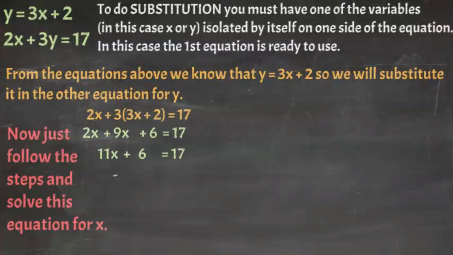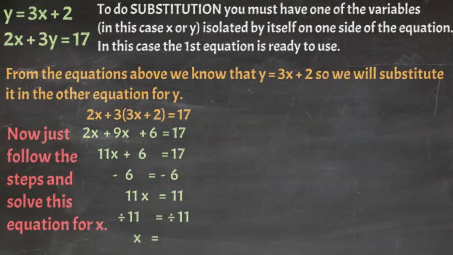We subtract 6 from both sides because we want to isolate the x term. And we get 11x is equal to 11. And then we just want to divide both sides by 11 because we only want to know what 1x is, not 11x. So we divide both sides by 11. 11x divided by 11 gives us x. And 11 divided by 11 gives us 1.